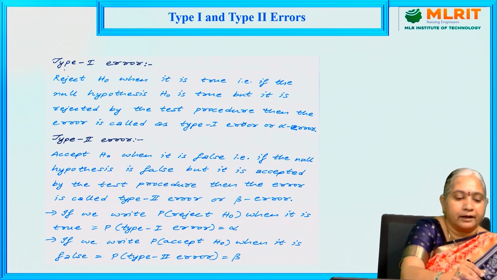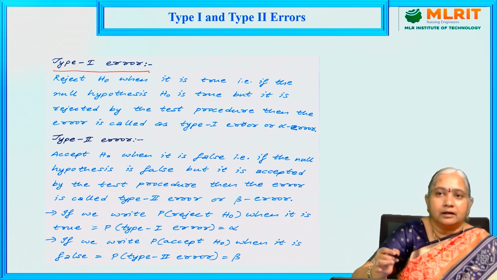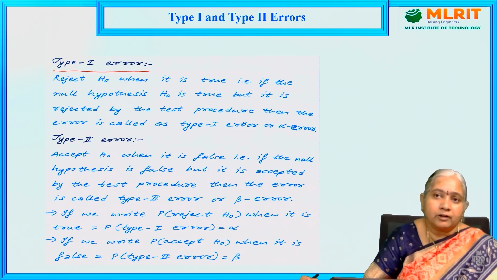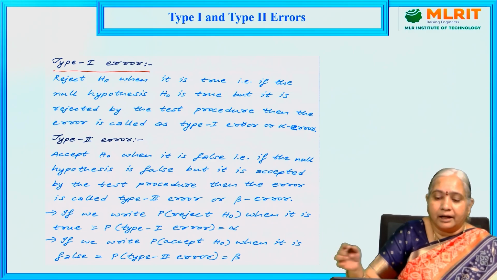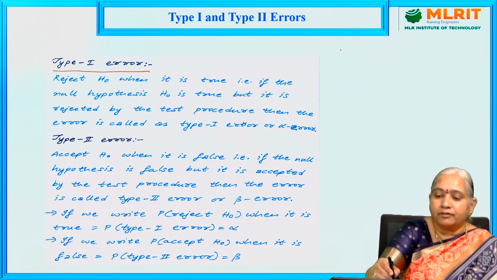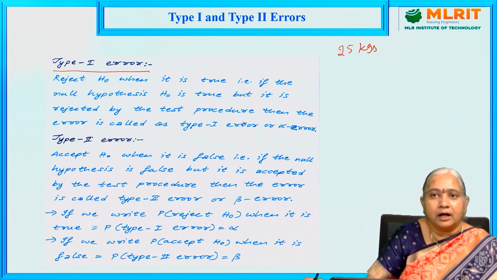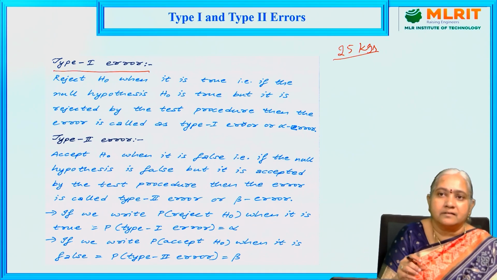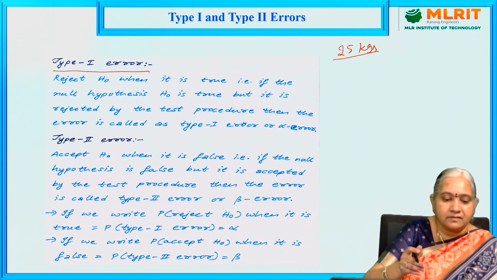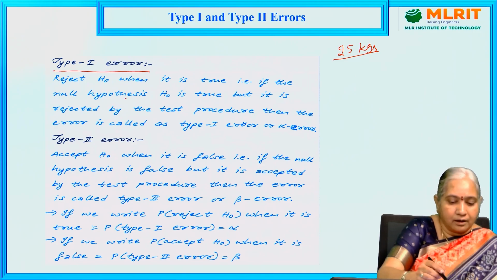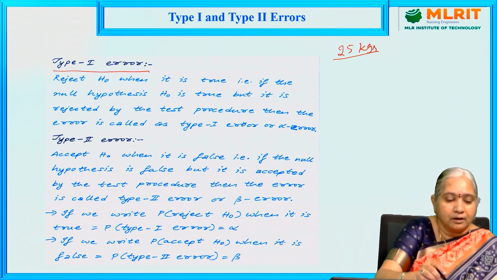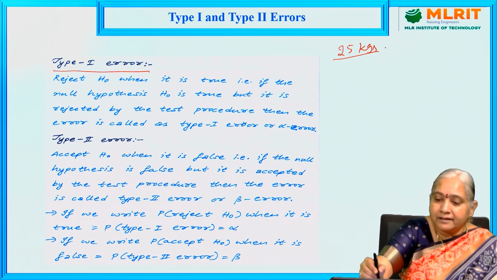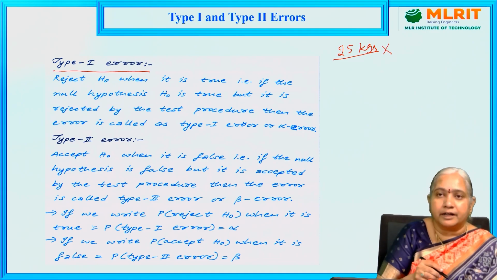Now, type 1 error. What is type 1 error? Suppose, here I am giving an example. A bag contains 25 kgs of rice. Whether we have to accept this bag or not depends on the sample rice. Suppose the sample rice is not good, then we are rejecting a big lot, the 25 kgs bag.